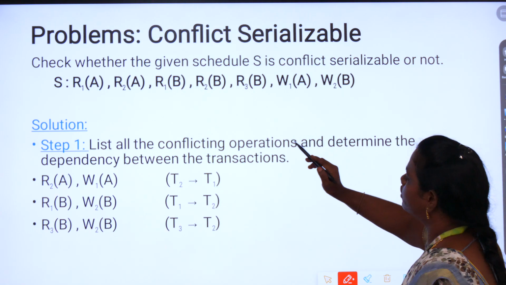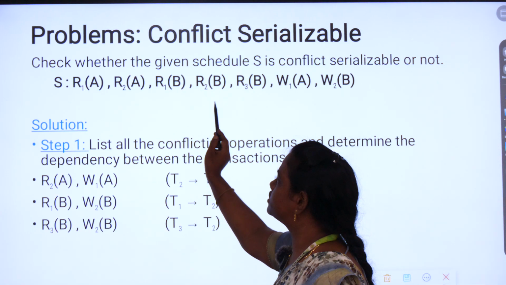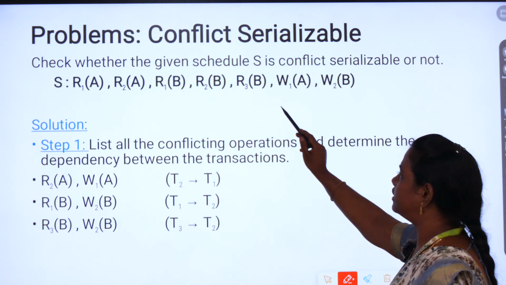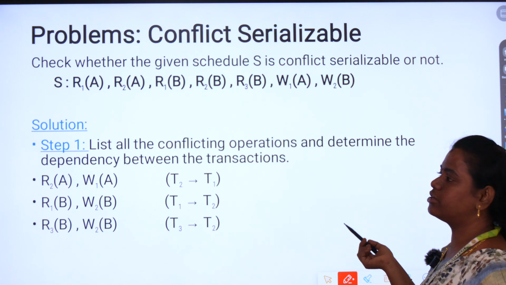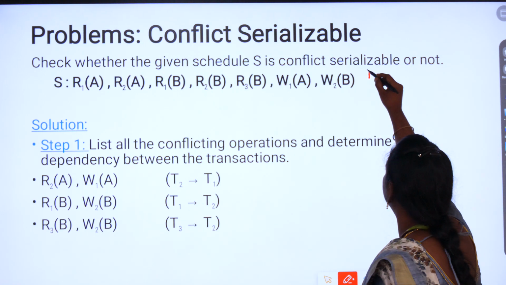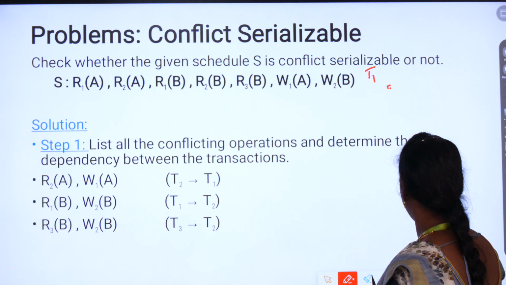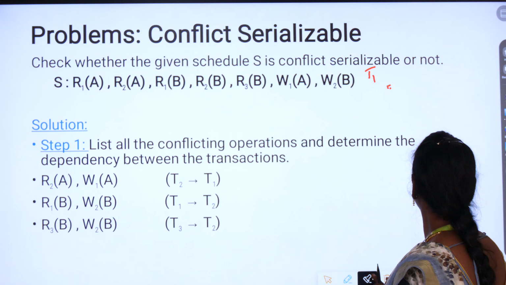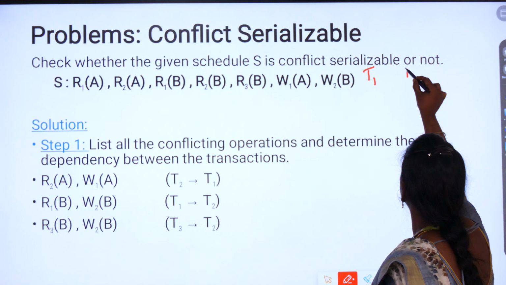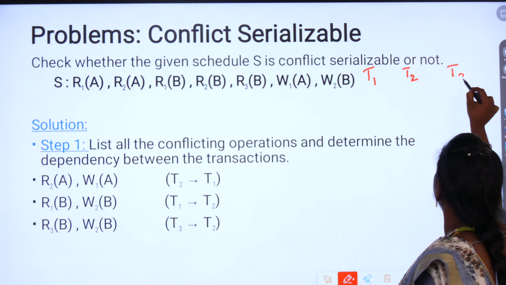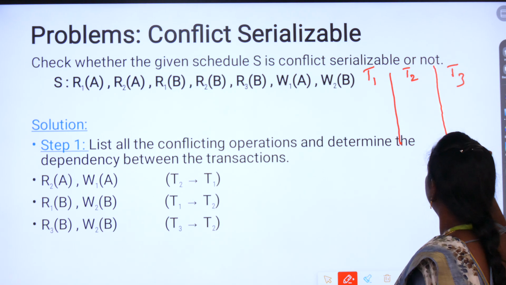The total number of transactions involved in this schedule is 1, 2 and 3, so we need to divide it into 3 columns based on the transaction. This is T1, this is T2 and this is T3.